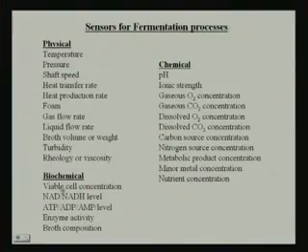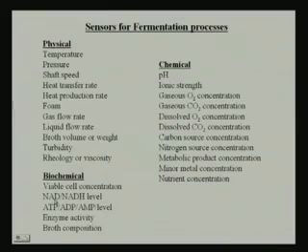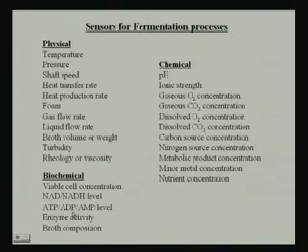So, there are some sensors through which we can get the viable cell number or concentration in the reactor system. We can also sense the NAD, NADH level of some of these cells. ATP, ADP, AMP levels can also be evaluated through the sensor.